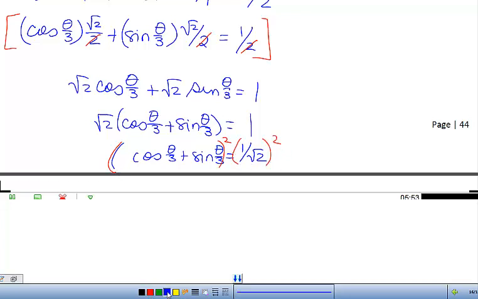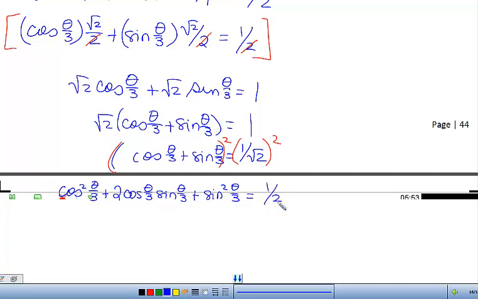Carefully and correctly. When I square the left side using FOIL, if you need to do it that way, we get cosine squared theta over 3 plus 2 cosine theta over 3 sine theta over 3 plus sine squared theta over 3 equals 1/2.